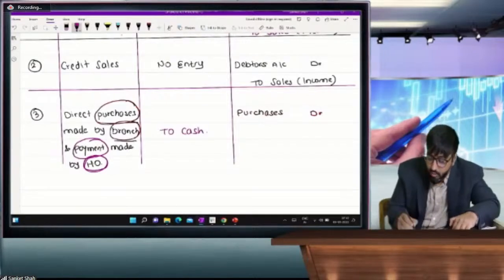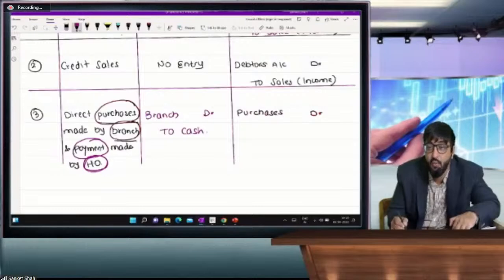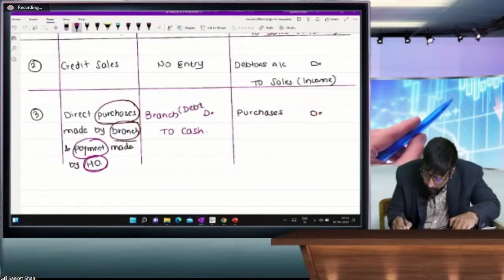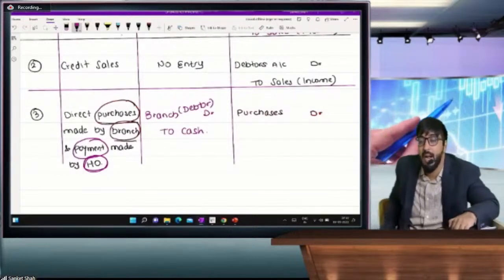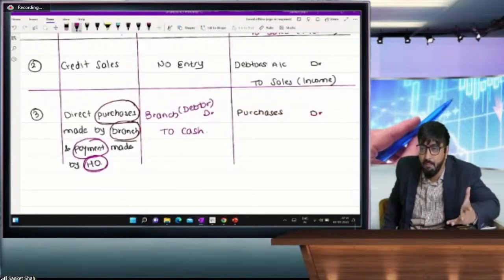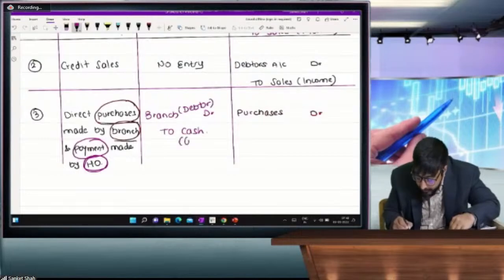So head office is going to record it as branch account debit. Why? Because now branch will pay this cash afterwards. So for head office, branch se paisa aane wala hai, receivable from branch. So branch is a debtor because head office is making a payment without any purchases. So head office will collect money from the branch. So here branch is a debtor for head office and cash goes out.